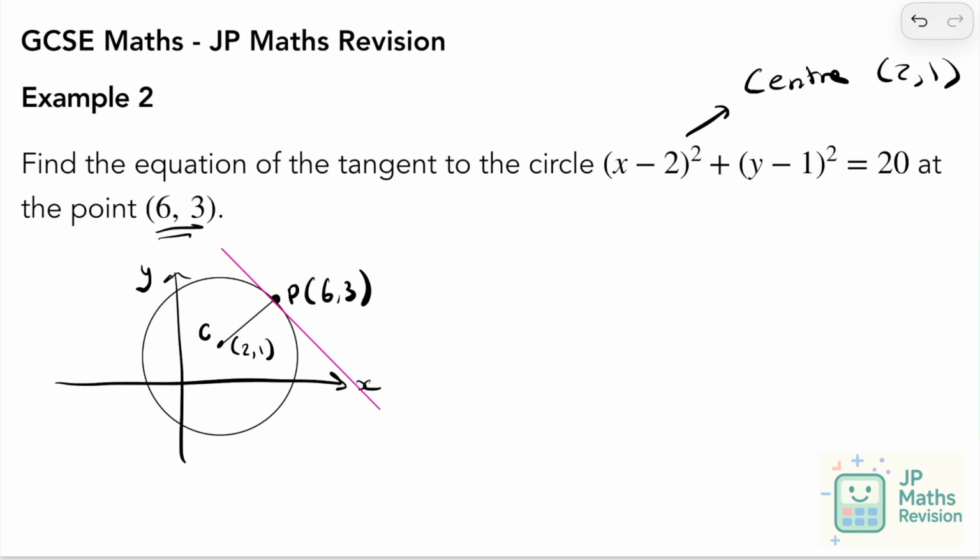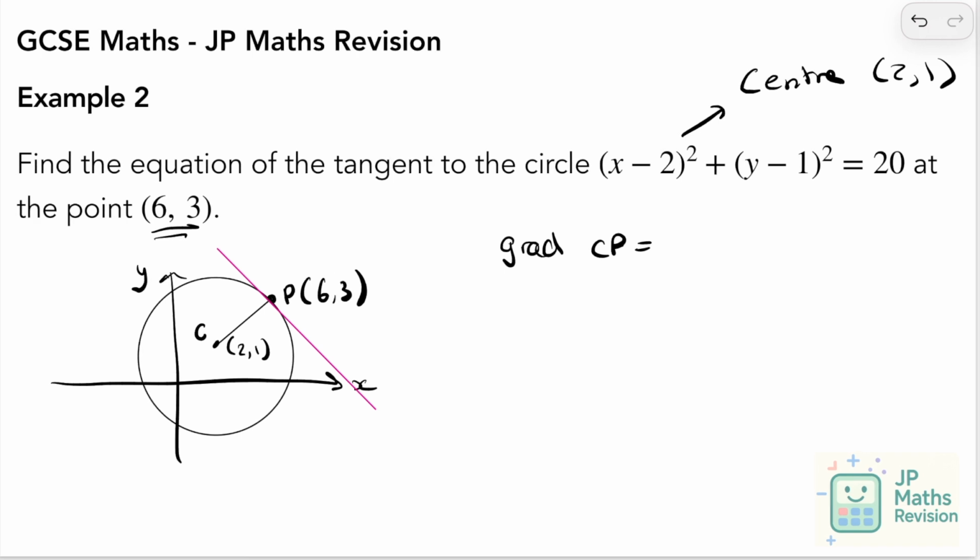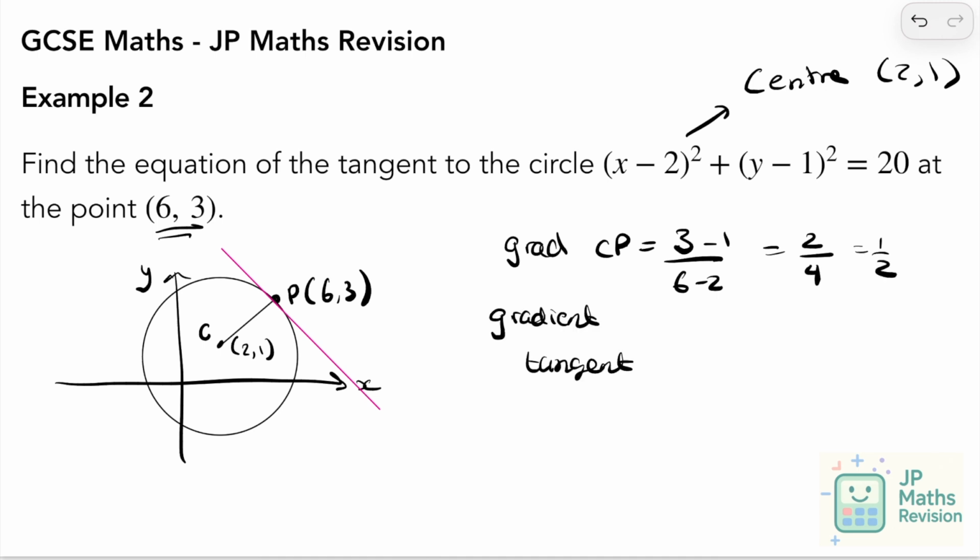So if I find the gradient of the radius, the gradient of the tangent is going to be the negative reciprocal. The gradient of CP is change in y divided by change in x, so it's going to be 3 minus 1 over 6 minus 2. That's 2 over 4, which is a half. Therefore the gradient of the tangent is the negative reciprocal of 1/2, which is minus 2.